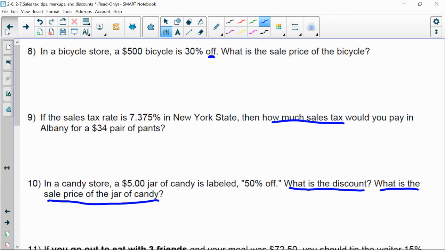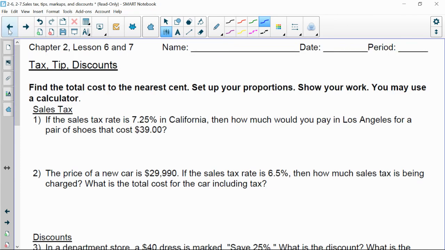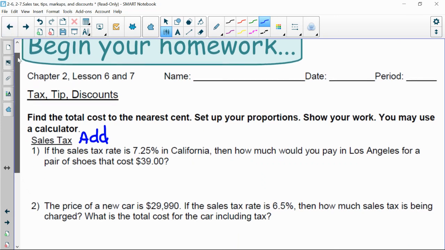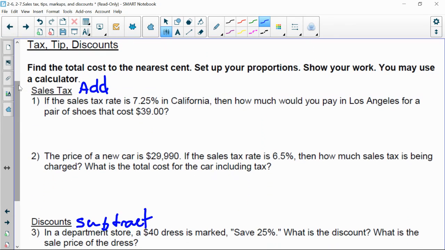Okay, so then let's actually set one up here so that you have one to think about. All right, so we're going to have our proportions. I'm doing a 7.25% tax.